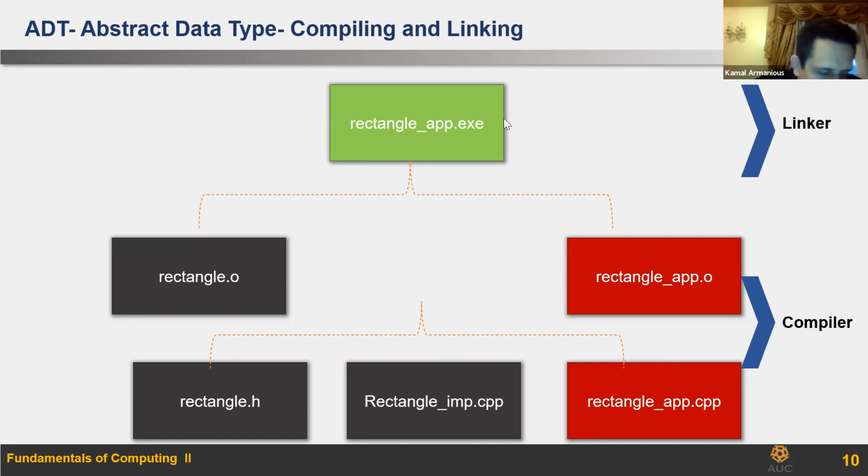Okay. So anything that you have to execute on the computer has to be first compiled to object code, which is a machine language, ones and zeros. And then we said that rectangle application, what file does it use?